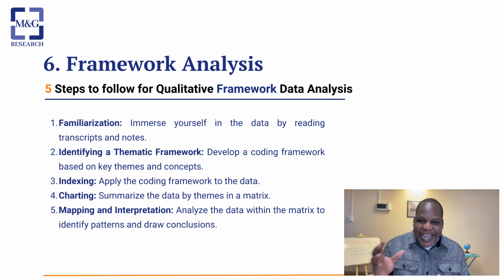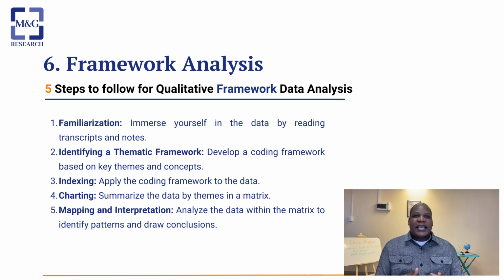You start organizing your themes in a matrix so that it becomes easier to follow that this theme is identifying, it presents these different kinds of views and perspectives. It presents these different kinds of ideas and arguments that are existing in this particular article or in this particular set of data.